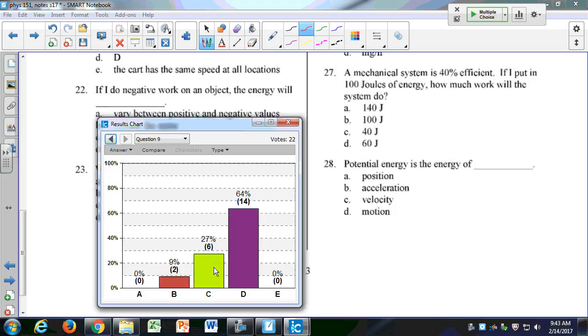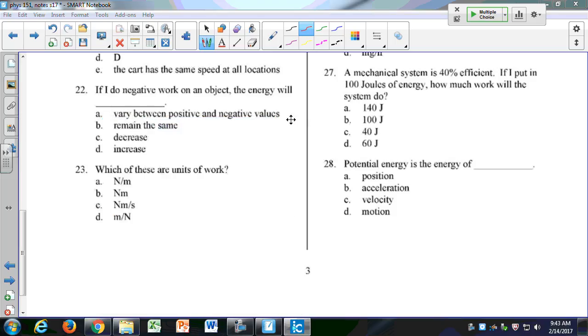Okay, no, the answer is C here. I'm asking a slightly different question than what we were asking before. Before we were asking how much does it lose, and that's what you were thinking here. It's losing 60 joules. But if I have a 40% efficient system, then I put in 100 joules, that means I get out 40 joules. It'll actually do 40 joules of work.